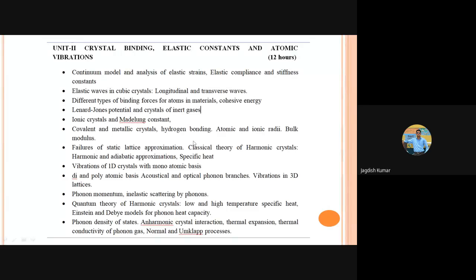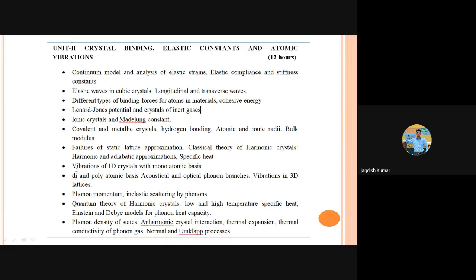All that is part of this unit, which will be followed in the coming lectures, not today. Then, regarding the static lattice approximation, I told you what it is. The main failures were related to the specific heat or heat capacity of the solid. So when we begin with the heat capacity topic, I will be talking in more detail about the static lattice approximation.